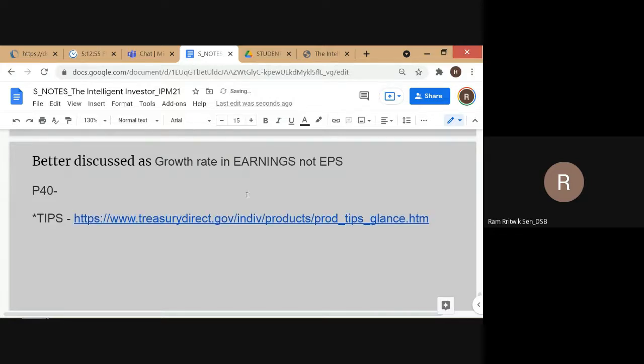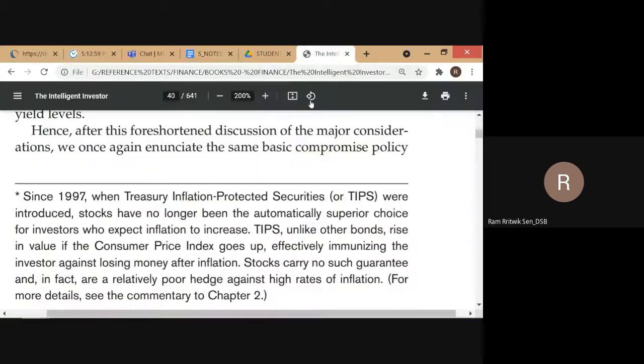All right, so you can read this. These are actually inflation-protected securities. TIPS are basically short form for this. It's an inflation-protected Treasury debt. So here you get the real rate of return.